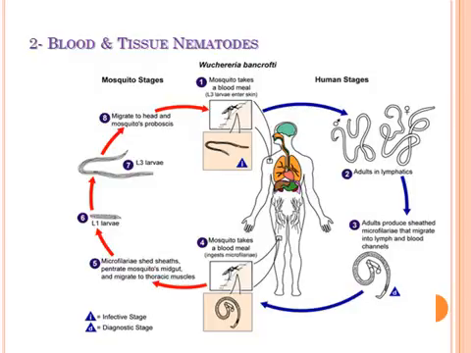In the second type, blood and tissue nematode, the adult is found in the deep lymphatic system, for example in Wuchereria bancrofti, the adult male and female together are found in the lymph nodes, and then multiply bisexually, and the infection is by the bite from mosquitoes from the proboscis. The salivary gland contains the larva stage. So the life cycle is complex, between two hosts, human and the vector.